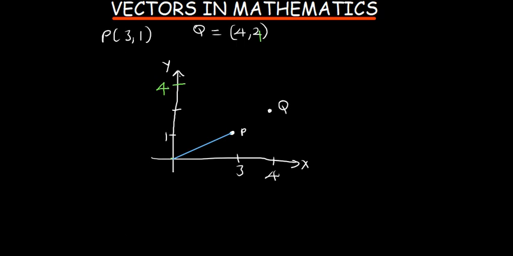So the coordinate 4 comma 4 is going to be somewhere here. To write it as a vector, we start from the beginning there and go up to that point. So that's Q. As a vector, we put an arrow starting from the origin, 0 comma 0, like that.